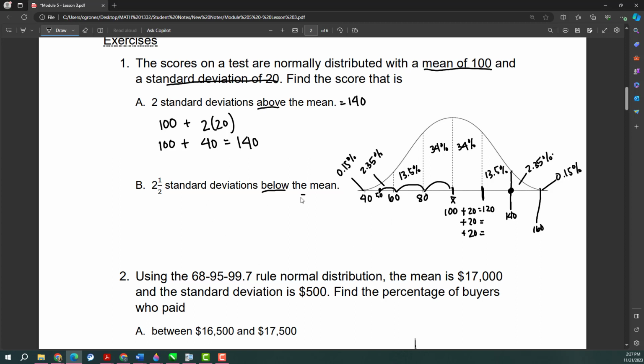So you can use the graph, or you can do 100, and since we want to go below, we're going to subtract, and then it would be 2.5 times 20, which would give you 50.